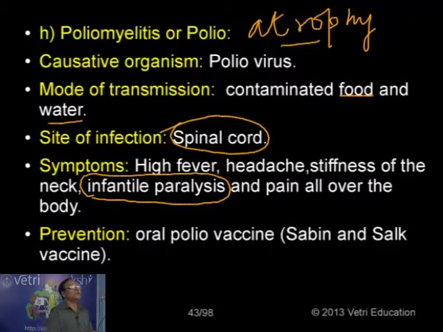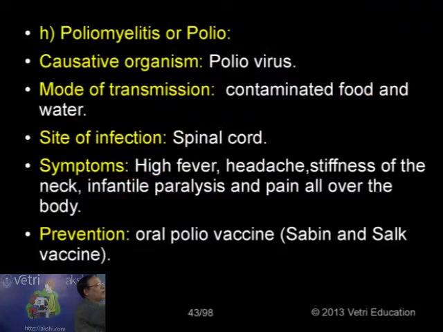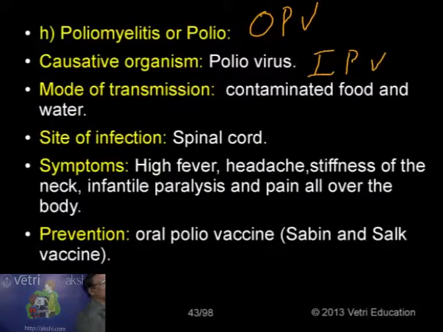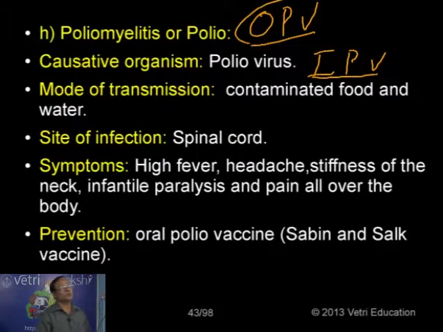Nowadays vaccines are available. There are two types of vaccine: the oral polio vaccine, OPV, and the inactivated polio vaccine, IPV. OPV is given by means of oral drops, and IPV by inoculation, injection. But nowadays we mostly use the oral polio vaccine, the oral polio drops. That is why last Sunday we had polio day.